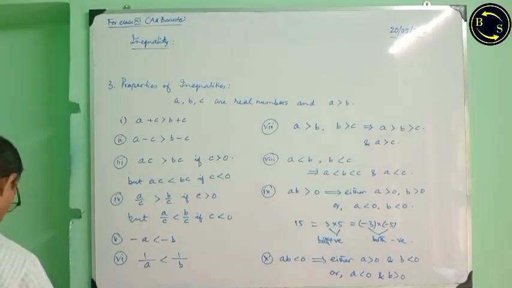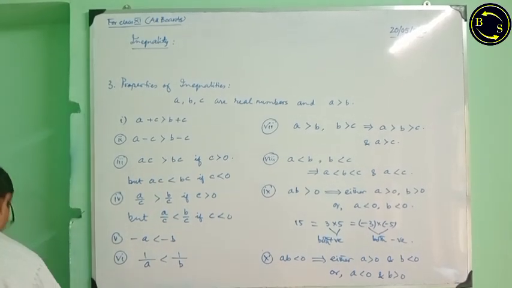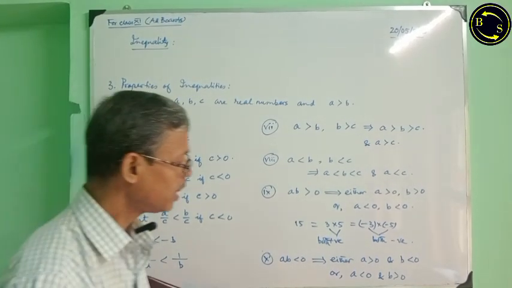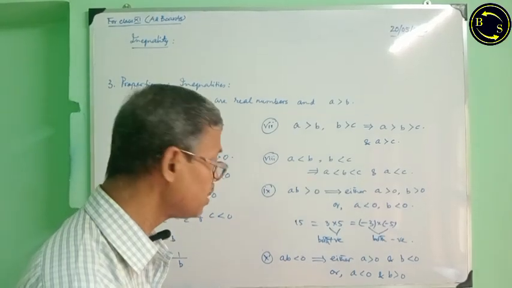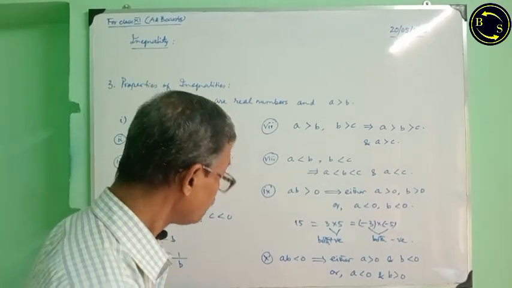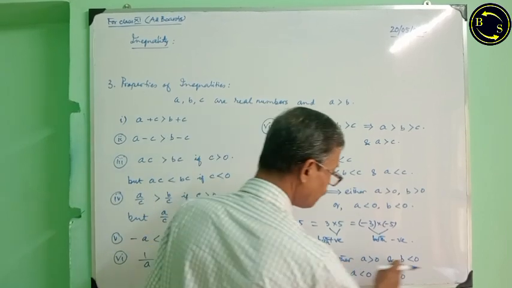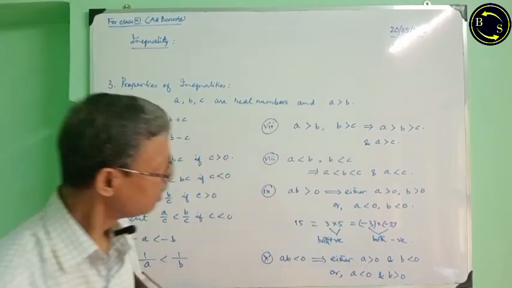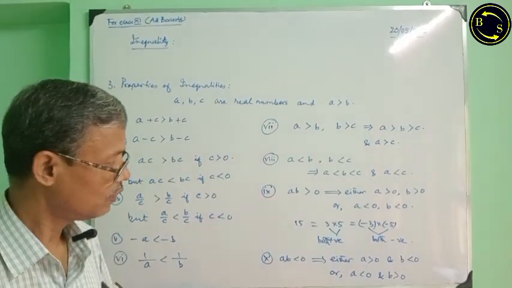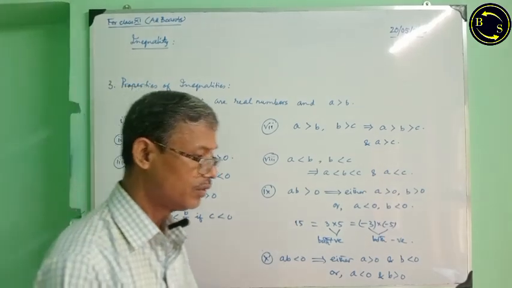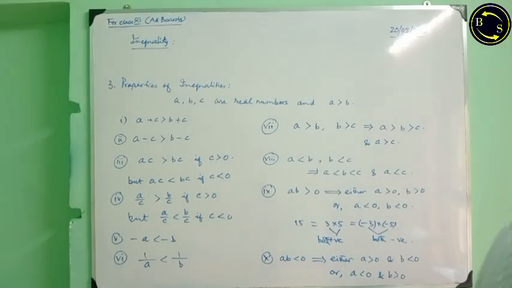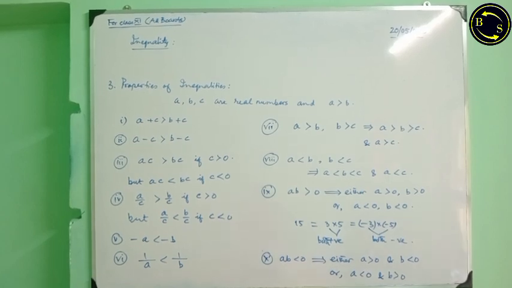Actually, the product of one positive number and another negative number is negative. Therefore, if we get such a relation, then these are the relations of A and B. These are the properties of inequalities.